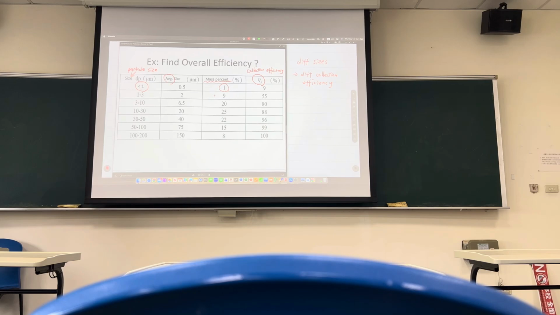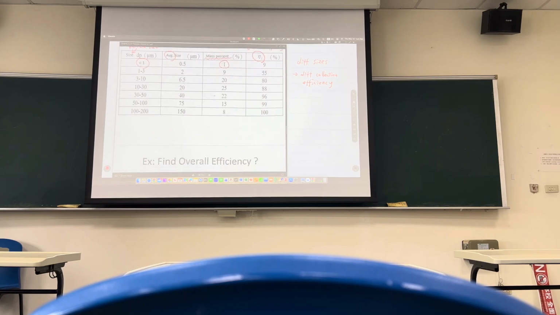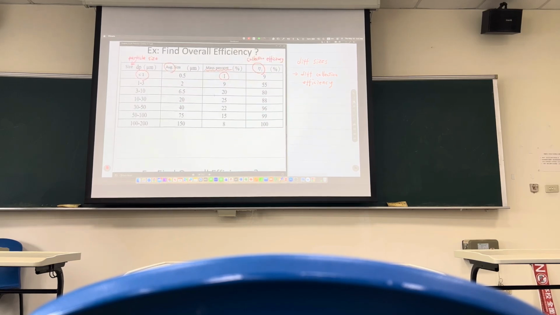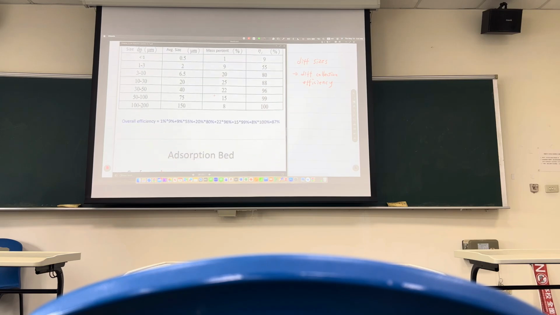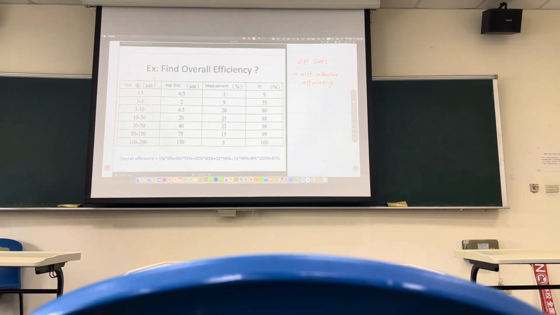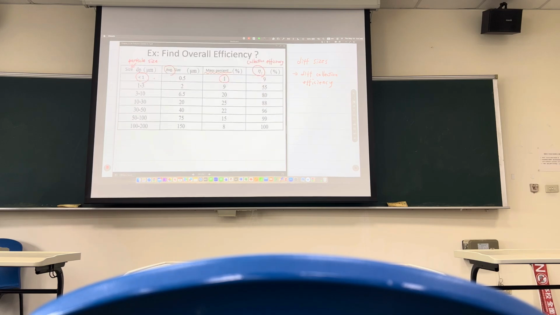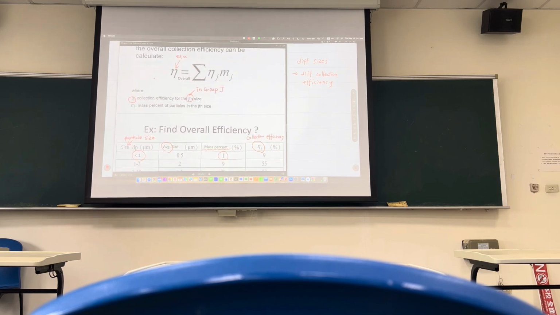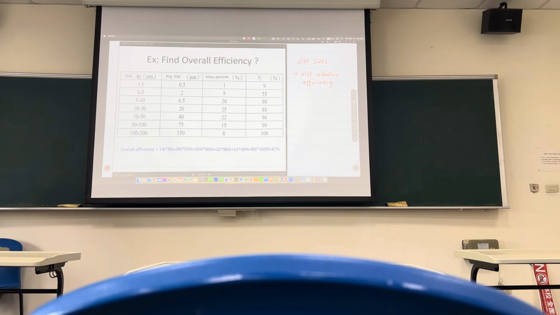So how to calculate this? Okay, very simple. Based on the formula, the data we need is the mass percentage and eta j.